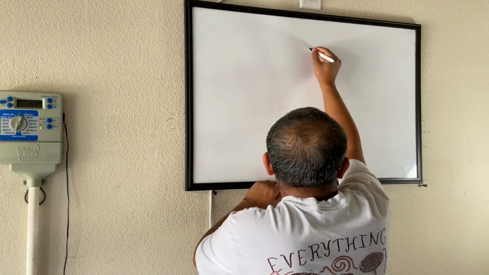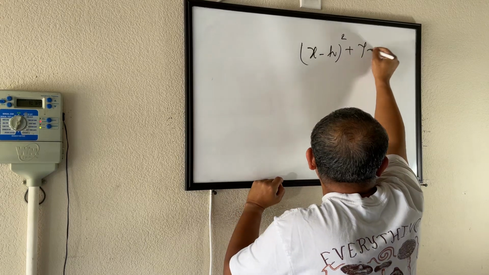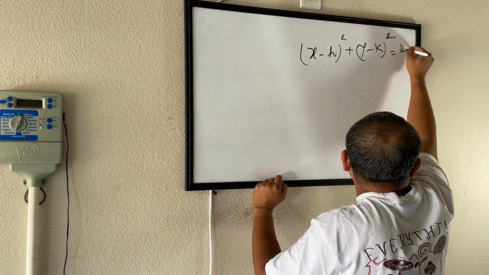So let's start. Yesterday we were talking about the circle equation or circle theorem, whatever you call it, which was (x minus h) squared plus (y minus k) squared equal to r squared.